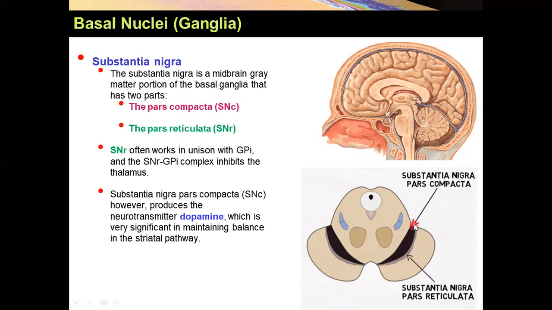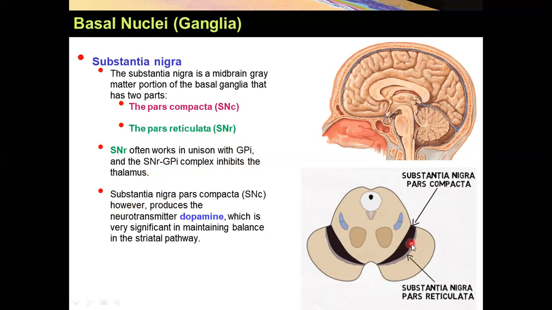So we use this as Substantia nigra pars compacta and Substantia nigra pars reticulata. Now the SNR often works in unison with GPI, and the SNR GPI complex inhibits the thalamus. So again, the SNR GPI complex inhibits the thalamus.